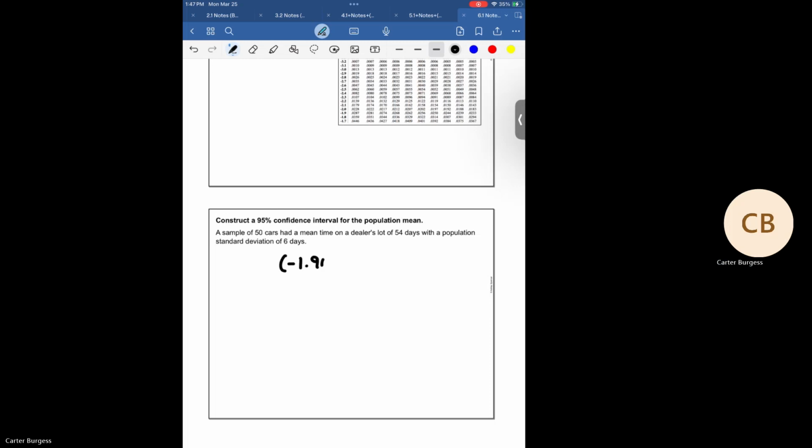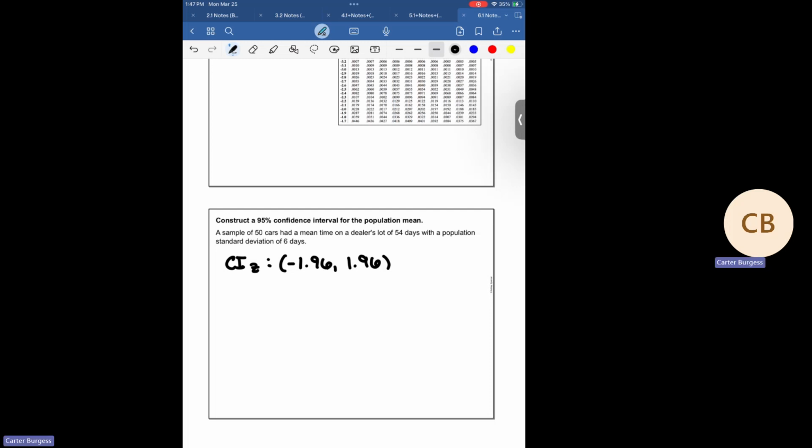Very good. So this is the confidence interval with z-scores. Negative 1.96 to 1.96. Those are the two that we are most commonly going to use, I would say. But certainly I want you to be able to figure out the others as well.